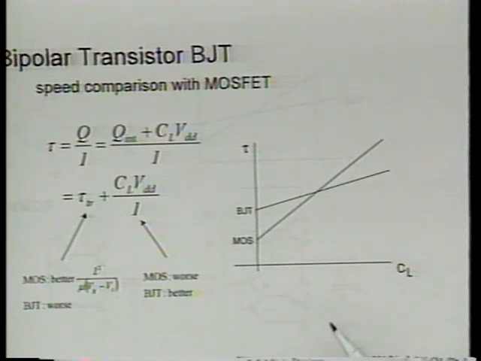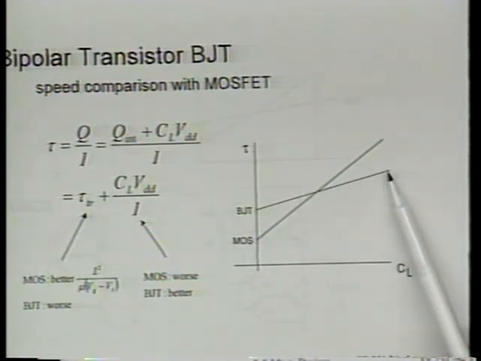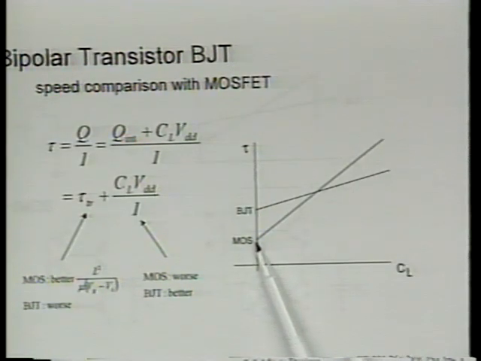So as a result, if you have a large load, the bipolar transistor is very good relative to the MOS transistor. Okay? What I'm saying? Yeah? And yet, when you have a very small load, the MOS transistor is actually a faster device than the bipolar transistor.